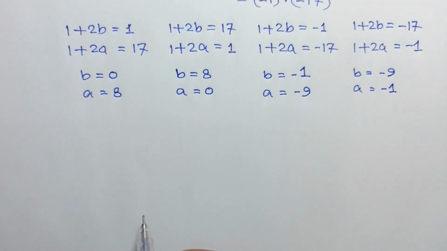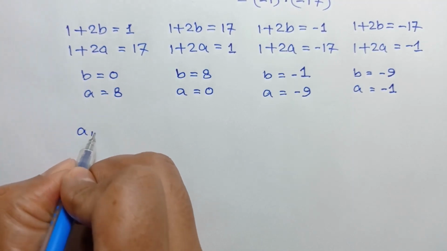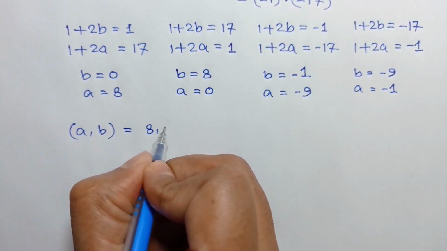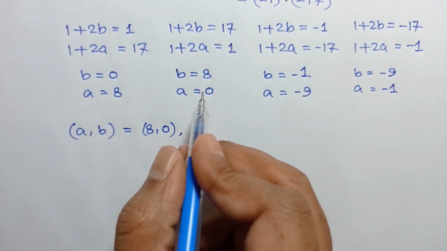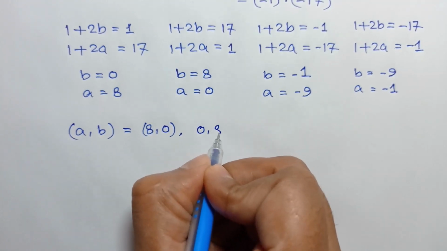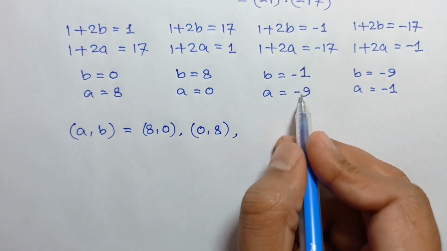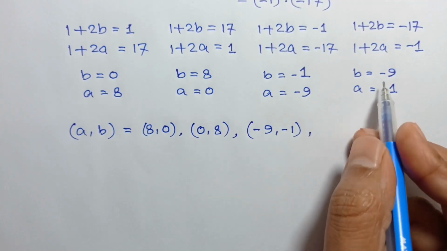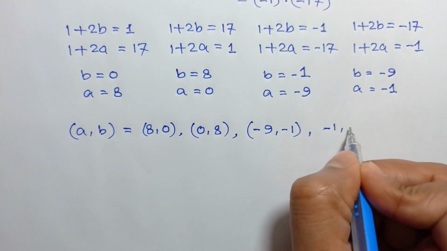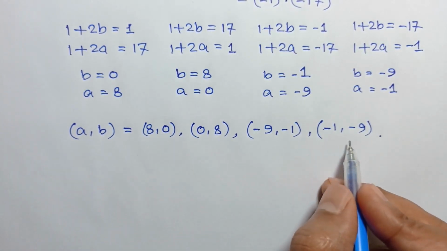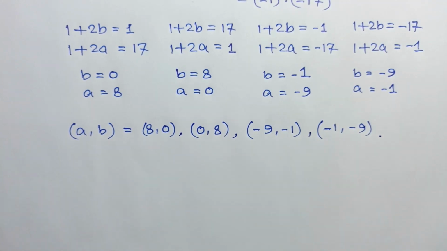So we have found a and b equal to 8 and 0, or a is equal to 0 and b is equal to 8, and a is equal to negative 9 and b is equal to negative 1, and a is equal to negative 1 and b is equal to negative 9. So these four are the integer solutions of this given equation.